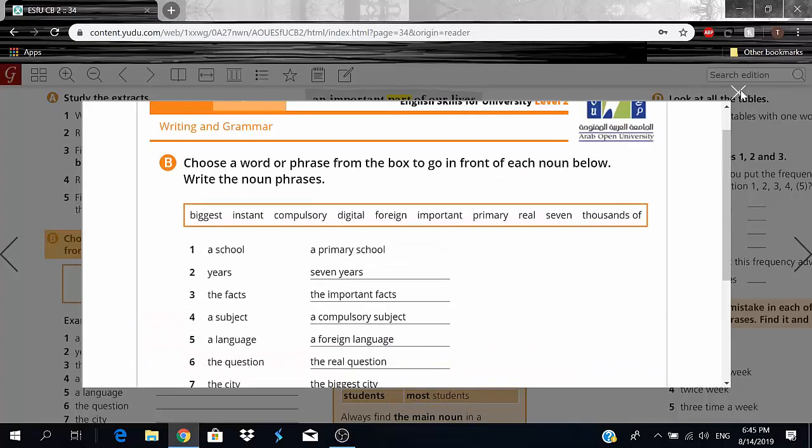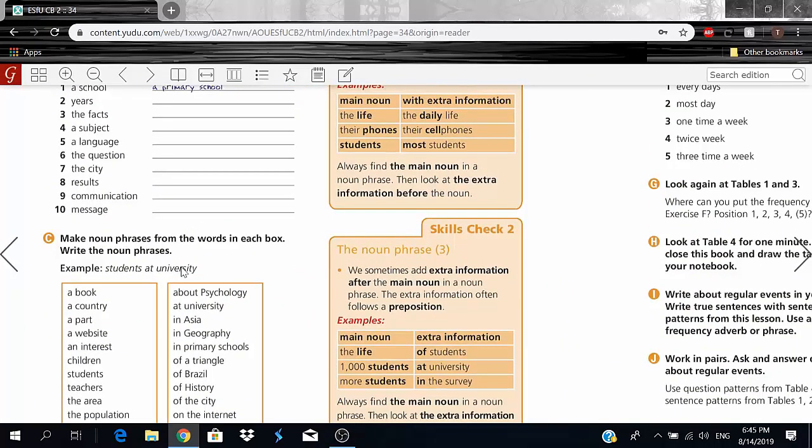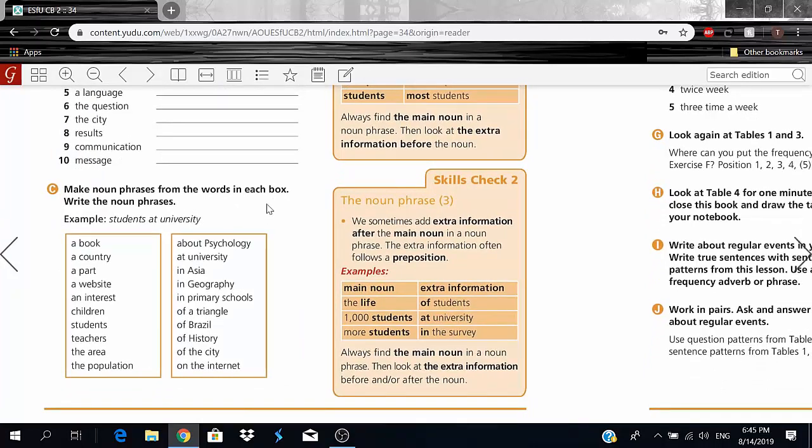Now, let's move on. Here we have make noun phrases from the words in each box. So now we're going to be making noun phrases from the words in these boxes. So we're going to combine them together. So now this is going to be extra information after the main noun, you guys.